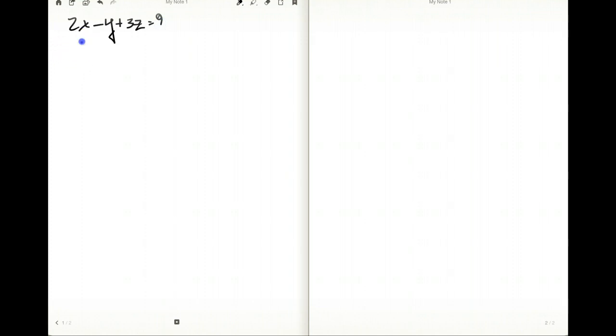Then I have x plus 2y plus z equals 8. And then my third one, I have x minus 2y plus z equals 0. Okay, so I have 3 problems here.